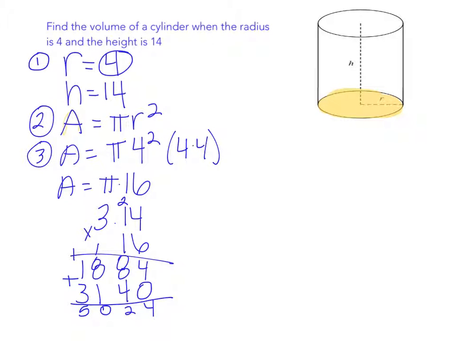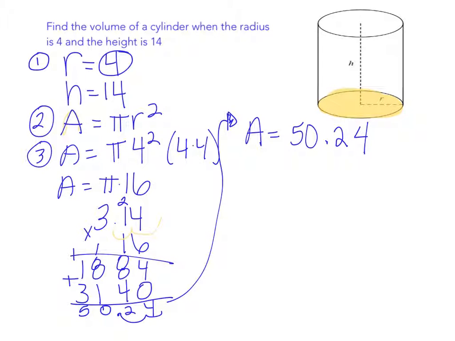And I cannot forget that I have my 2 jumps for my decimal. Okay, so what I've found is that the area of the circle is 50.24 units squared.